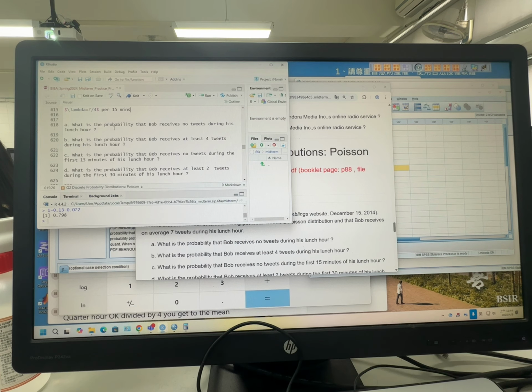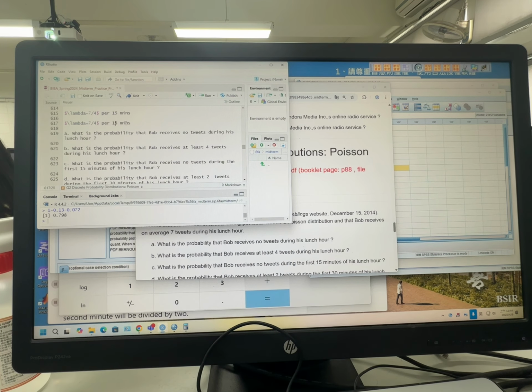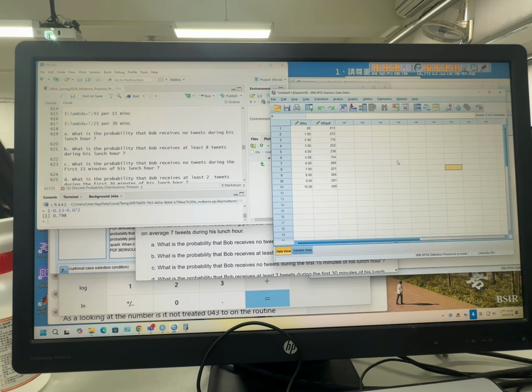The first 30 minutes will be divided by 2. That gets you to specify a different parameter, per 30 minutes. So what do you want to do? As for looking up the number, no suite 0, 4 suite and 15. So do 1 by 1.